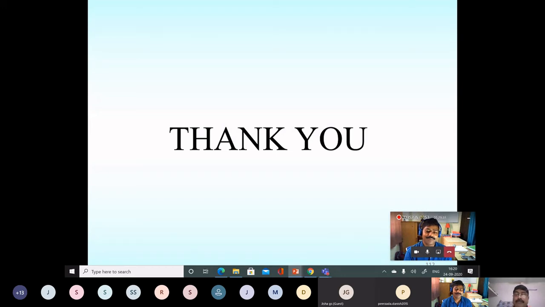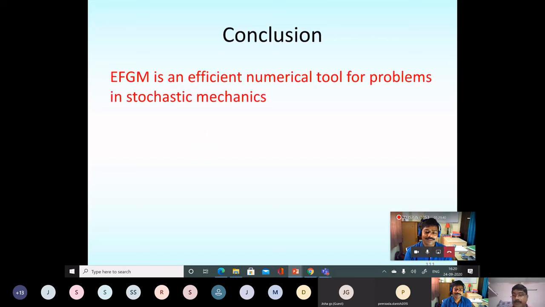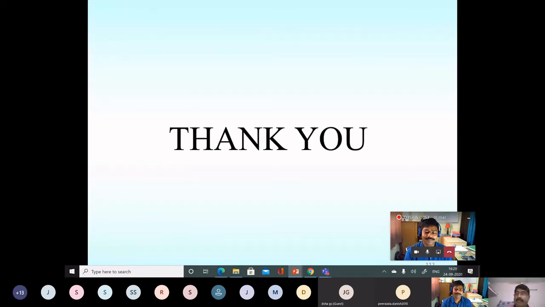If you look at the paper by Belytschko and Dolbow, they have a working code. Belytschko is no more now; he probably died two or three years back.